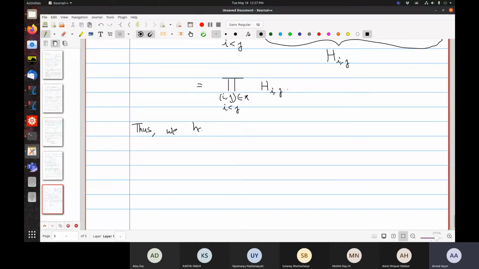We have proved the following theorem due to Andrews.